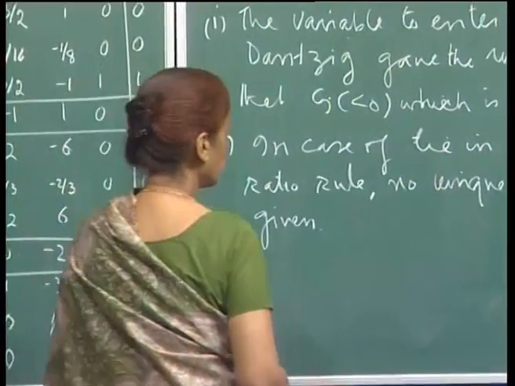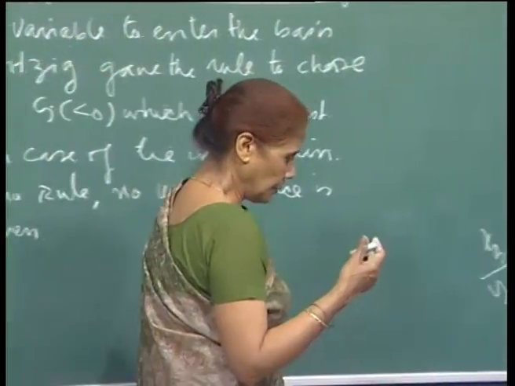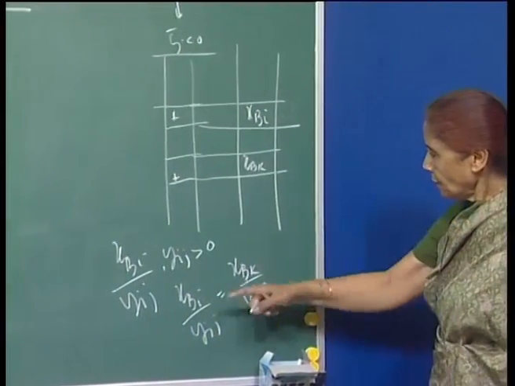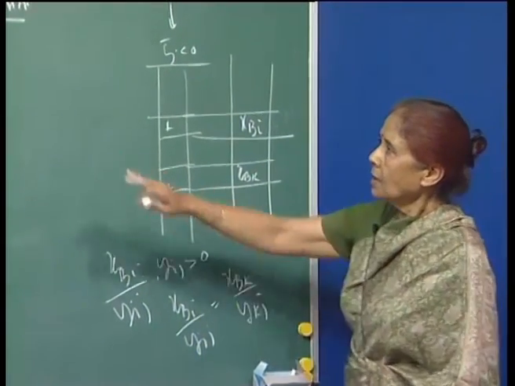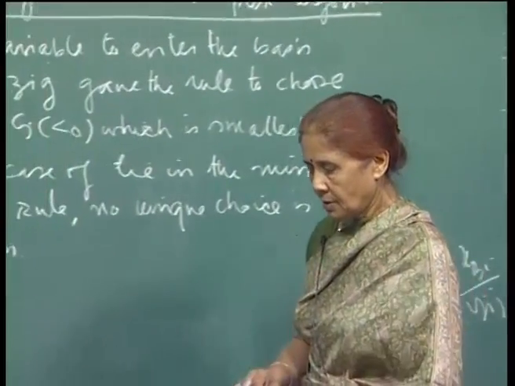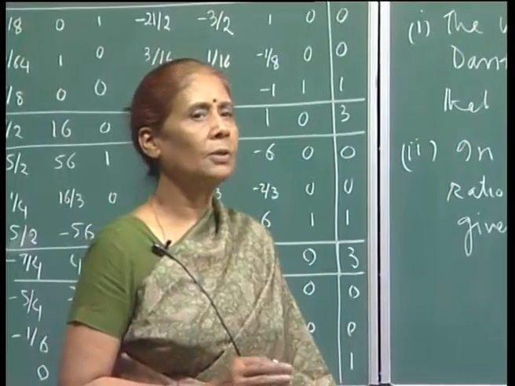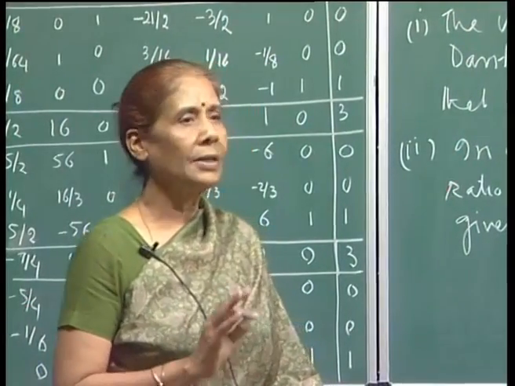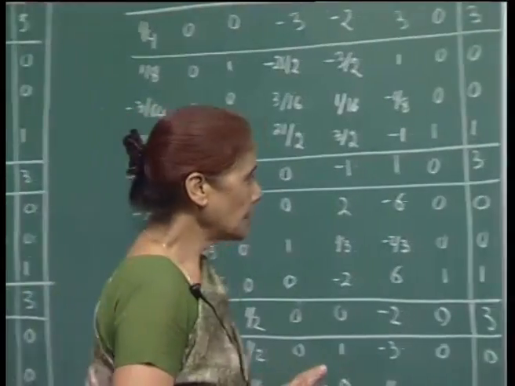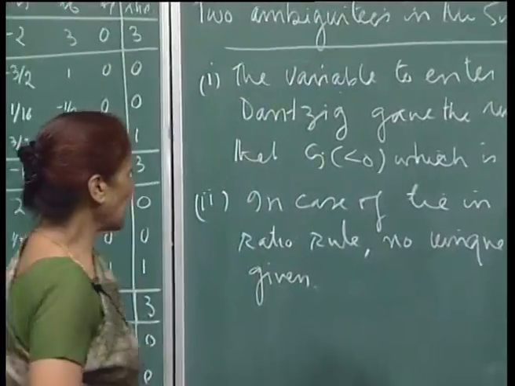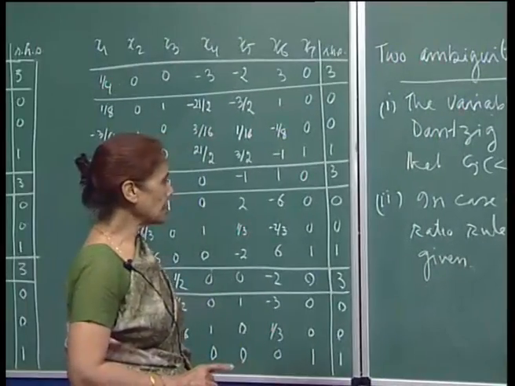I want to show you that even if you make this choice, even if you specify a rule for this, with the current choices given to you in the algorithm, it's possible that the algorithm will cycle, and I'll try to explain what we mean by the word cycle through an example. So in case of a tie in the minimum ratio rule, no unique choice is given.